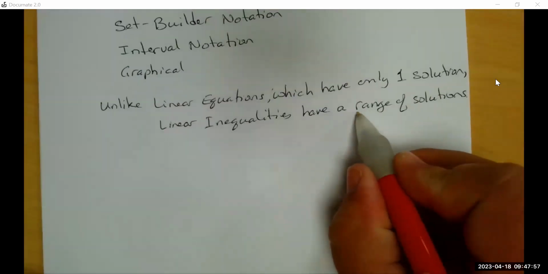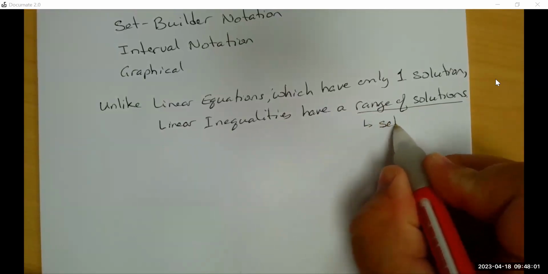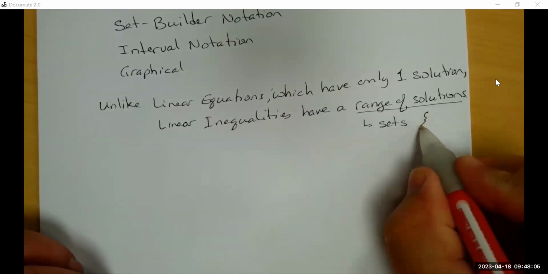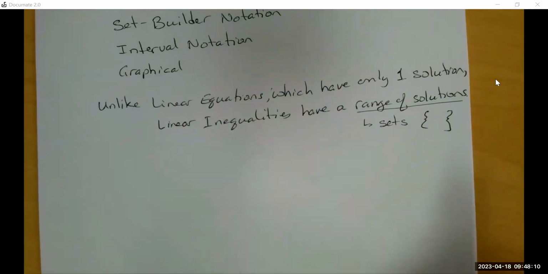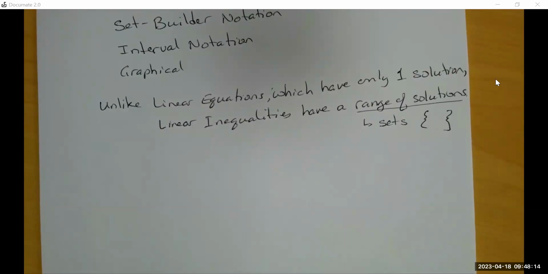This range of solutions is represented in sets. Whenever you see these squiggly brackets, those represent the sets. Inside the sets are all the elements that constitute the answers.